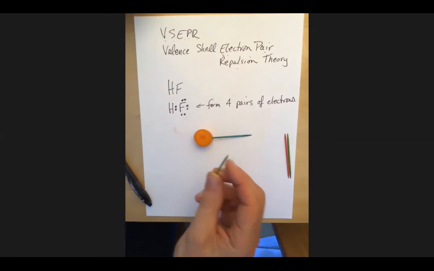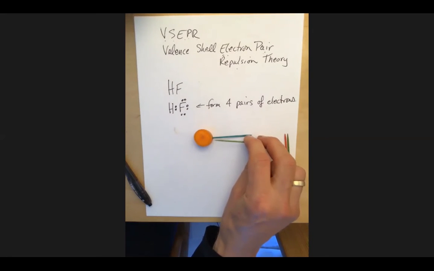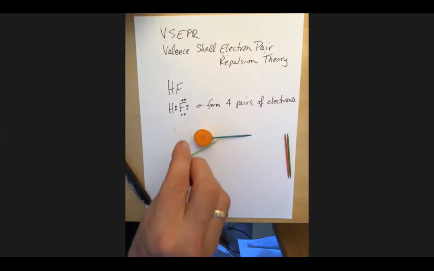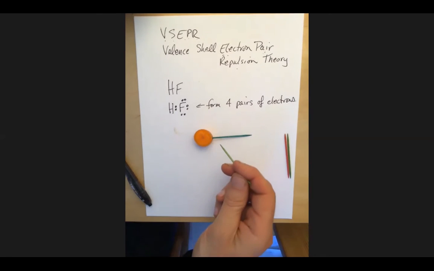And my other pair of electrons are going to go somewhere else attached to this fluorine, but it's not exactly clear where. Okay?